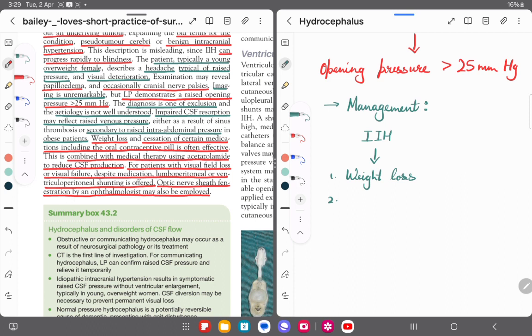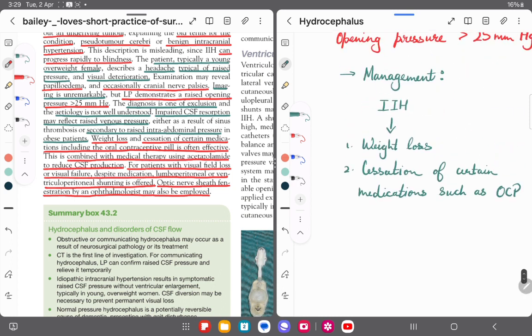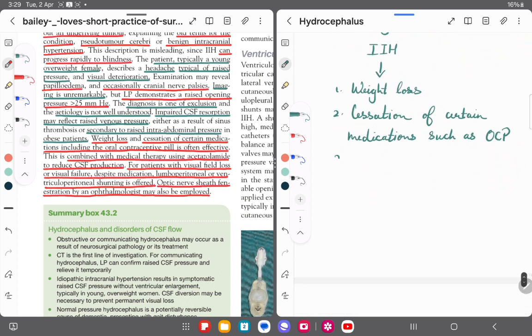Number 2, cessation of certain medications such as OCPs, oral contraceptive pills. Then number 3 is acetazolamide.